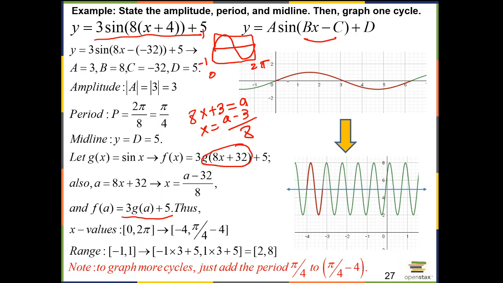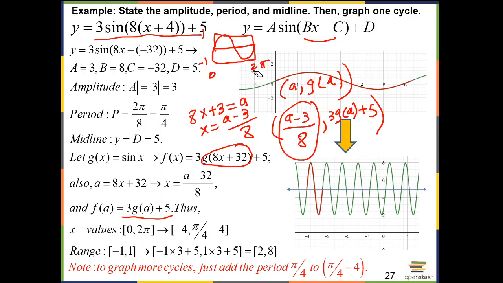So a point here, a and g of a, is going to go to a point a minus 3 over 8 and 3g of a plus 5, right? That's how we can transform the points or just the rectangle. So we can apply this to 0 and 2 pi and apply this to -1 and 1 and find a new rectangle.